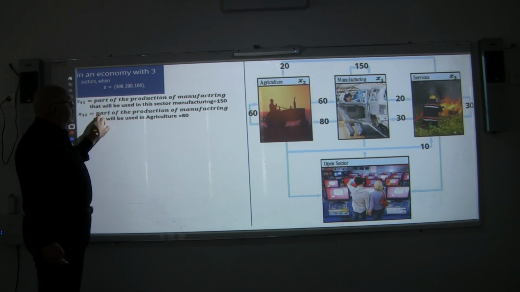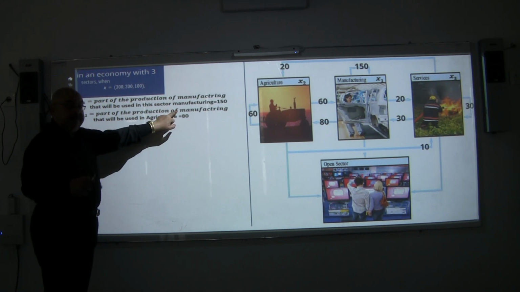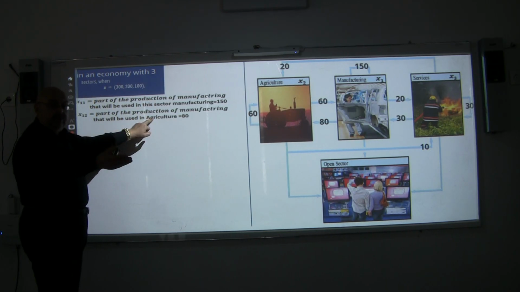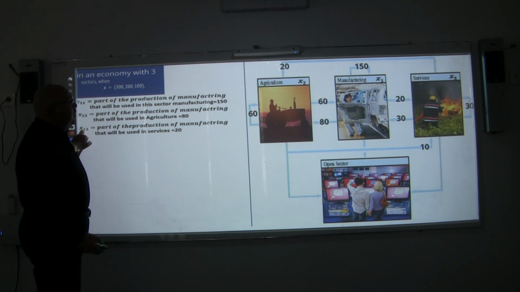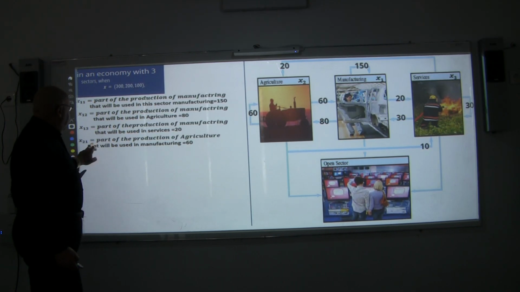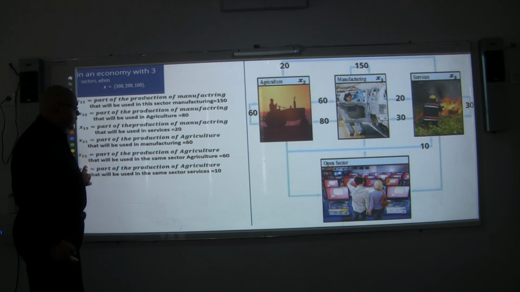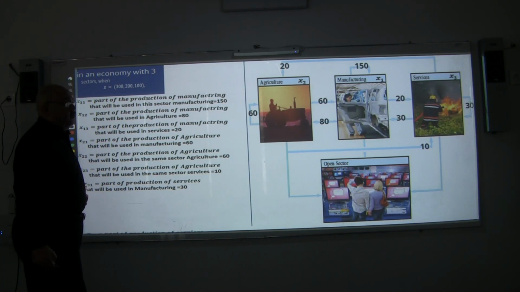It is the part of the production of manufacturing that will be the input used in agriculture. Same way X13 is the part from manufacturing that will be sent to services, which is 20. That's for the first row. The second row stands for the second sector, and X3 stands for the third sector, and so on.